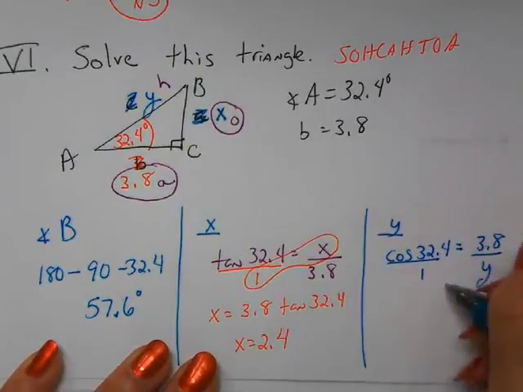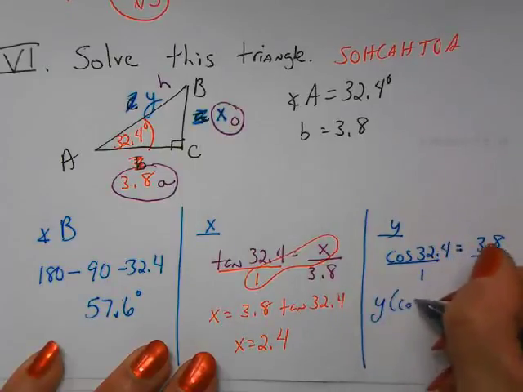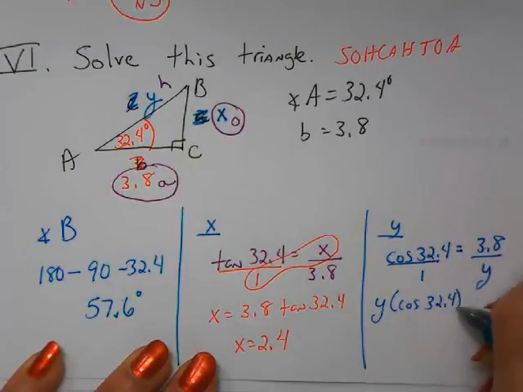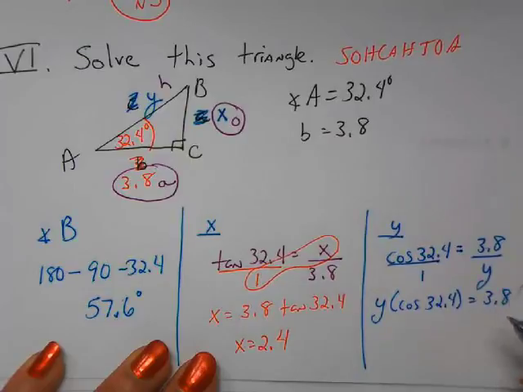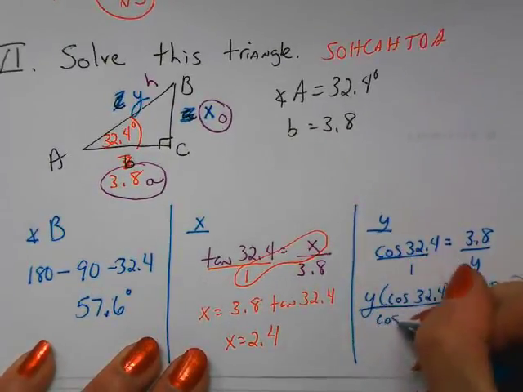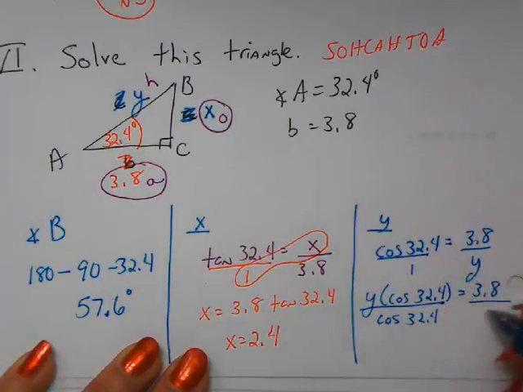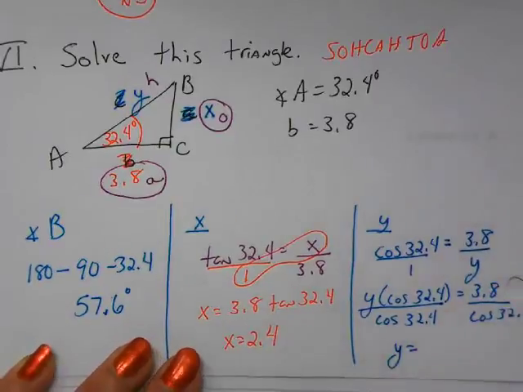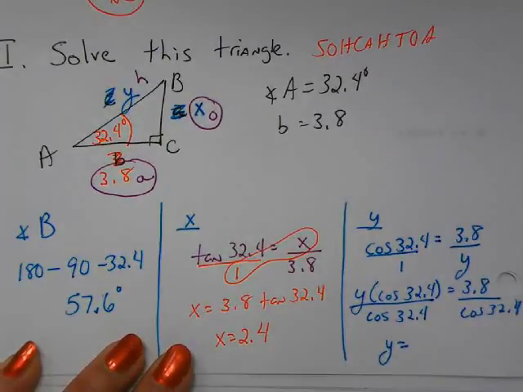So I get y times the cosine of 32.4 is equal to 3.8. So to get y all by itself, I divide by the cosine of 32.4. And when you type that in your calculator, you should get 4.5.